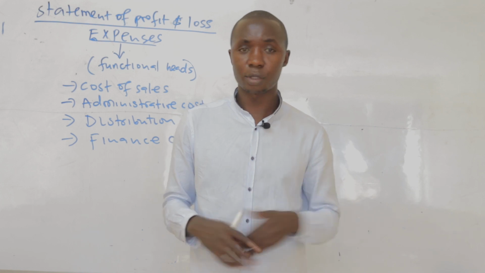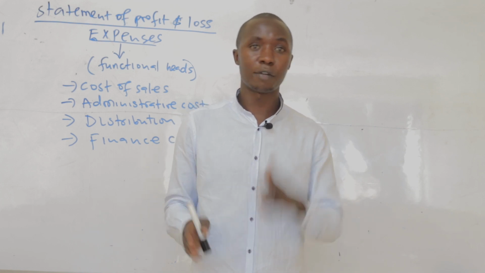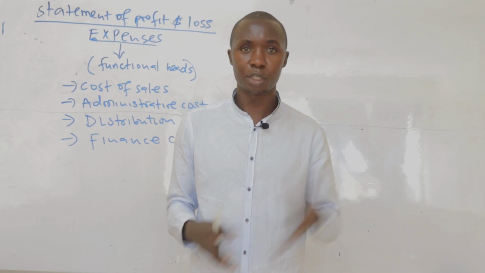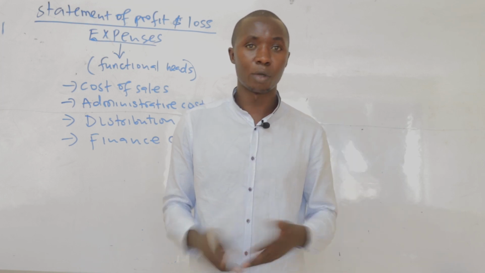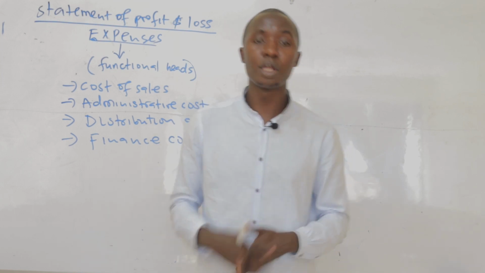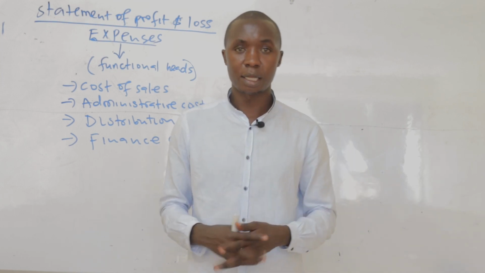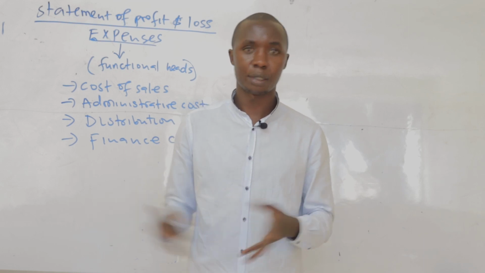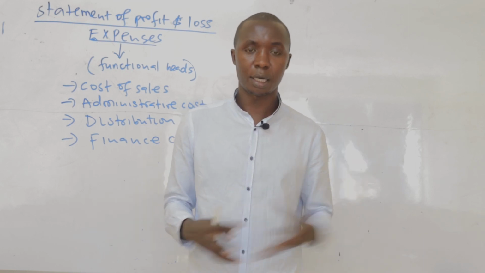Then we have a cash flow statement, but I will cover that separately, even if it's part of a published statement, because even in an exam setting, they always test the cash flow question separately from the three other statements.